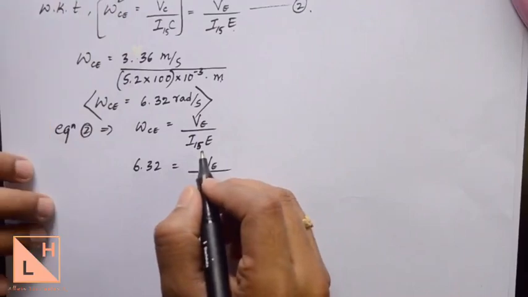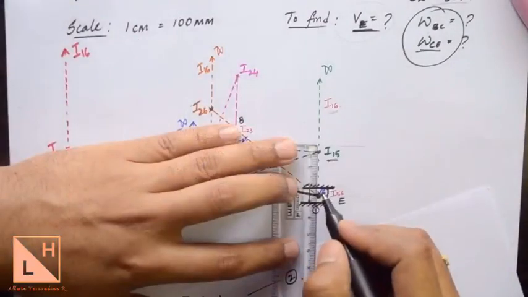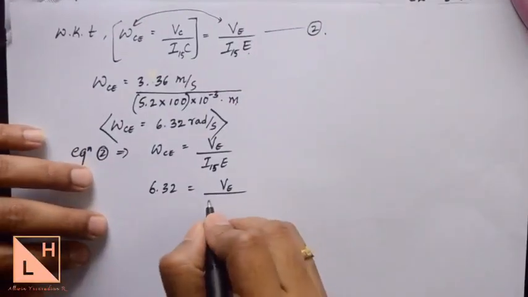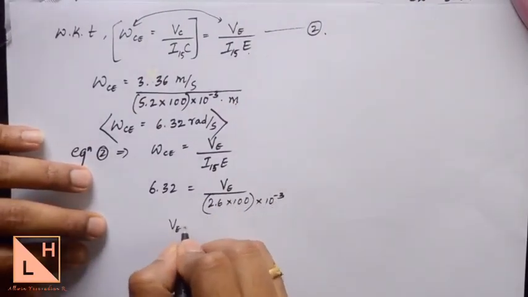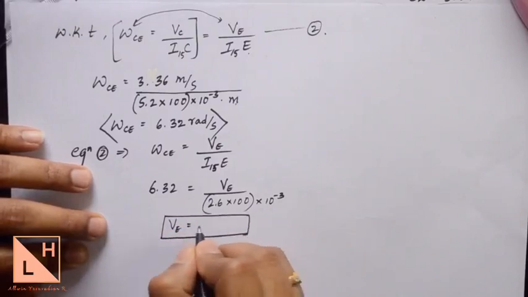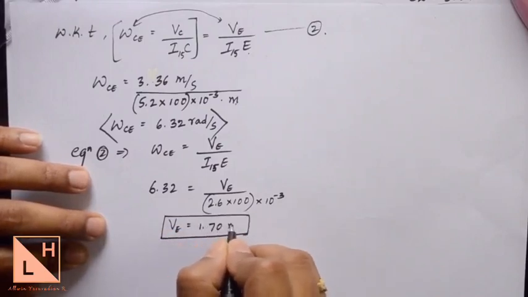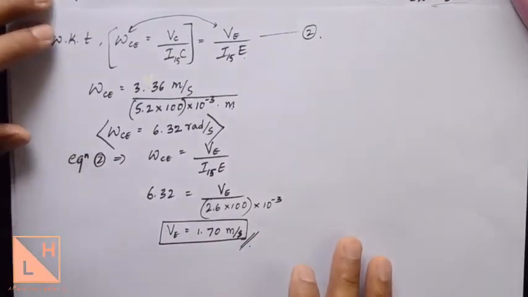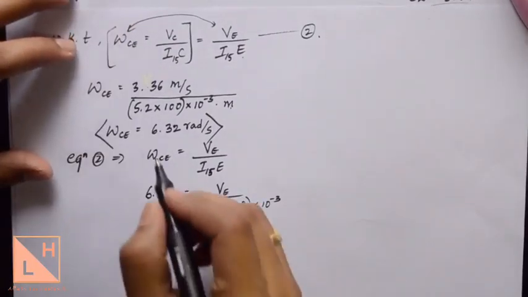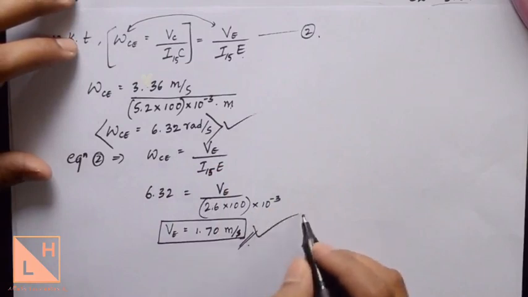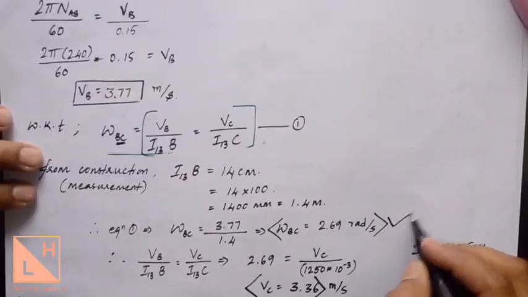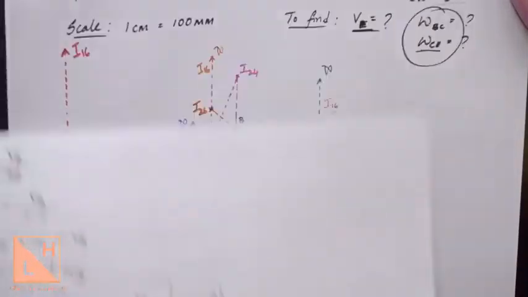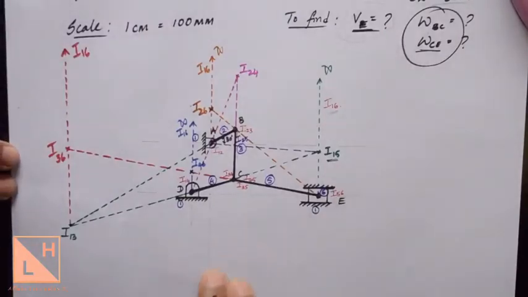Measure this from the mechanism drawing, I15 to E. And that will complete the problem, and we have found out the angular velocity of CE, velocity of slider E, as well as the angular velocity of the link BC. BC is also found here, and that will complete the solution for this problem.